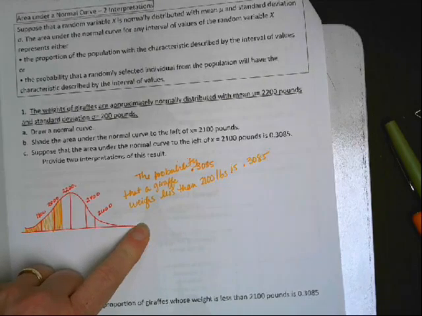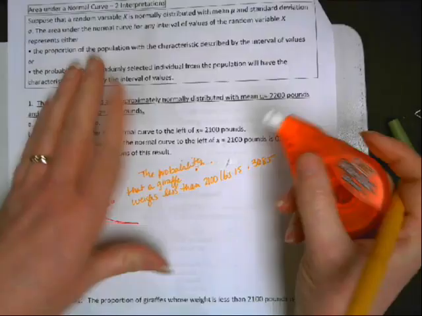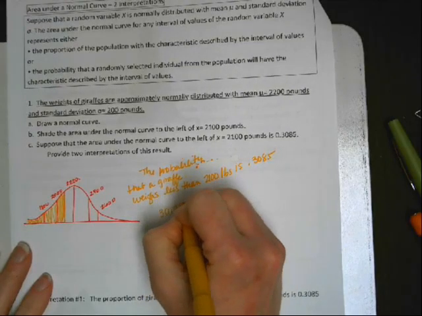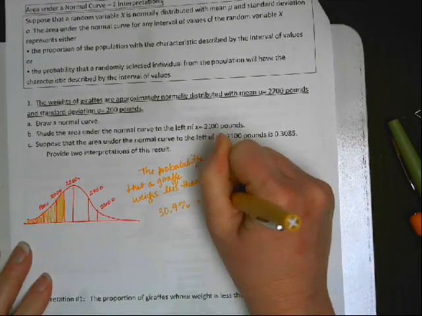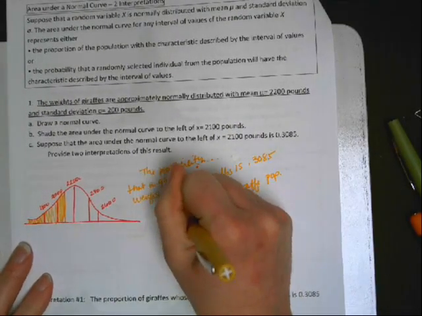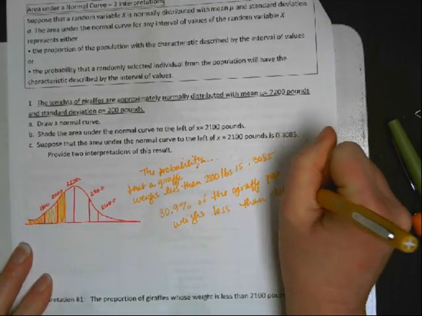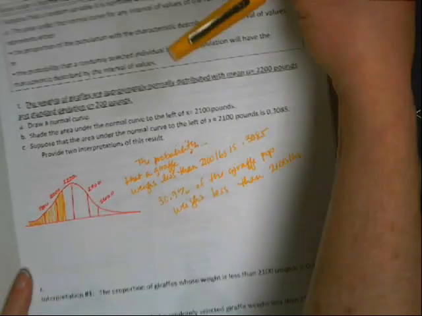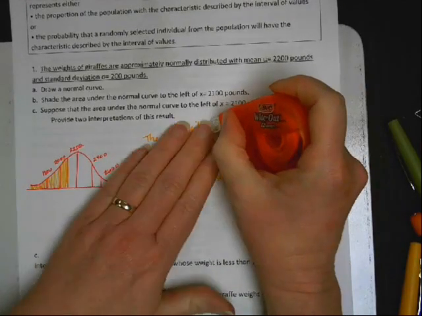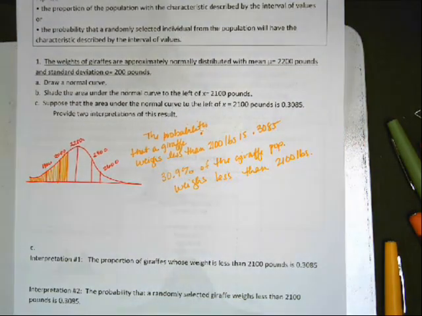That's one way to look at it. Or I could also say 30.9% of the giraffe population weighs less than 2,100 pounds. Or you could say, I put it as a percent, but you could say the proportion of giraffes that weigh under 2,100 pounds is 0.3085.